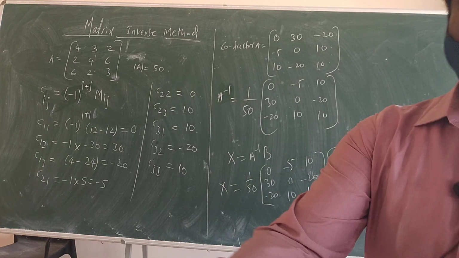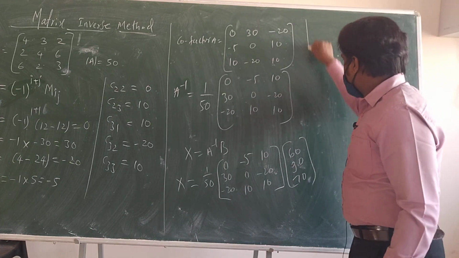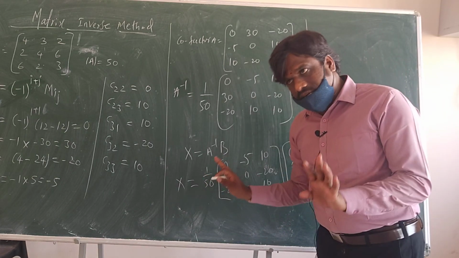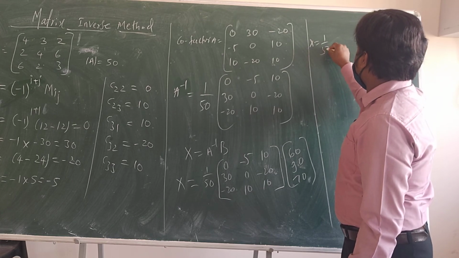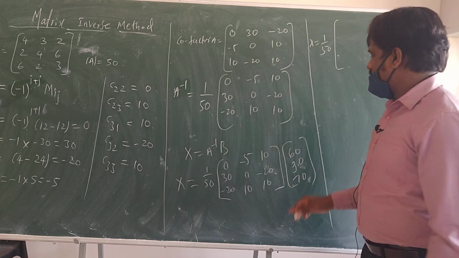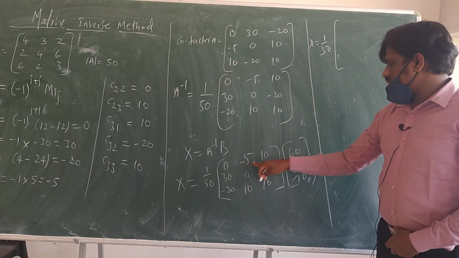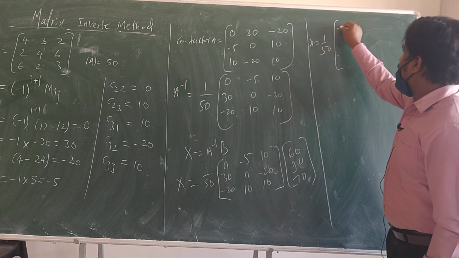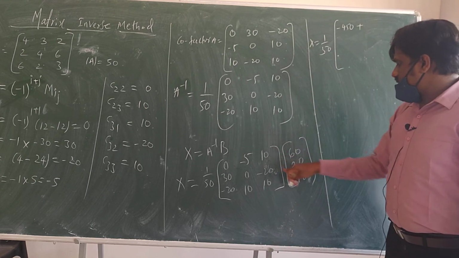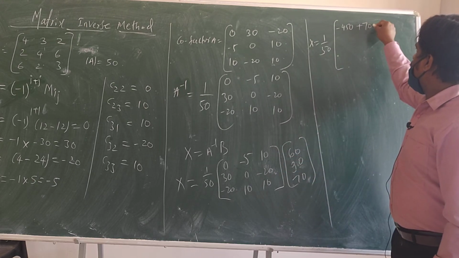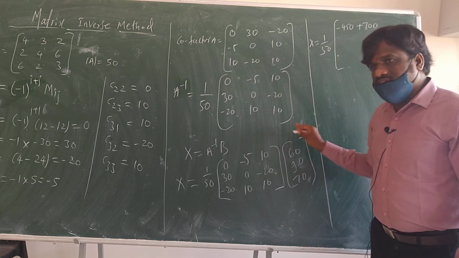Okay. Yeah, now you got the answer. So what do you do here? 1 by 50 keep the same. So x is equal to 1 by 50, and we just multiply here. 0 into 60 is 0. 9 5s are 45, minus 450. Minus 450 plus 700. Okay, getting it or not? Matrix multiplication, row by column.